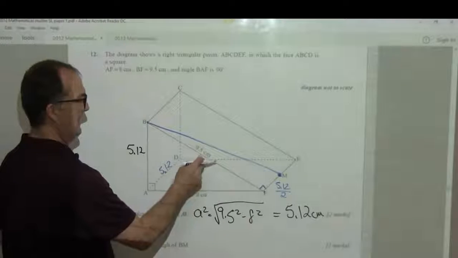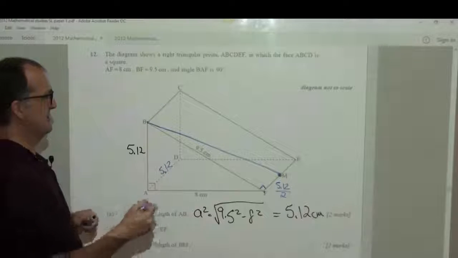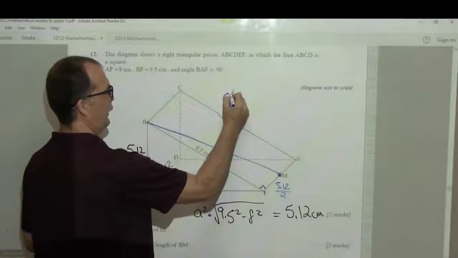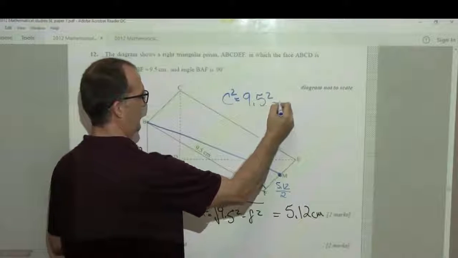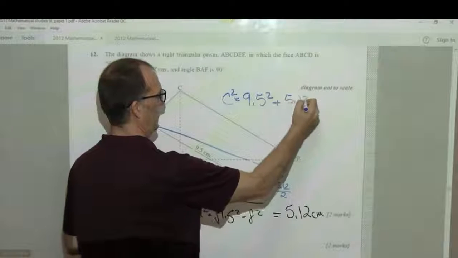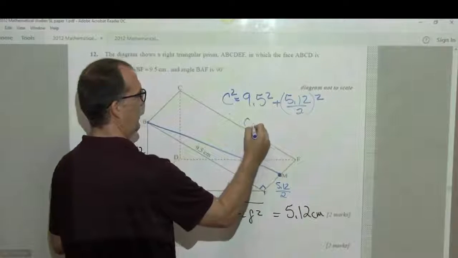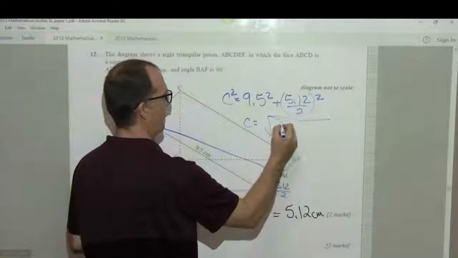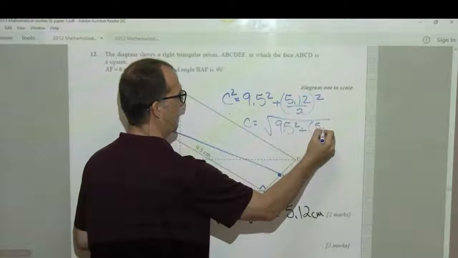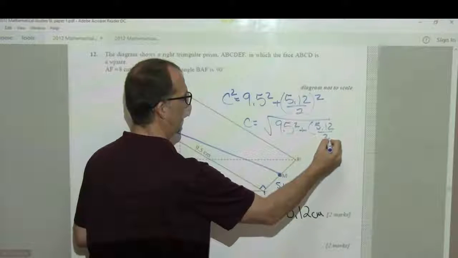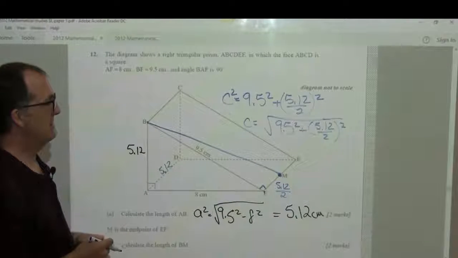Once again, I'm able to use the Pythagorean theorem. This time, a squared, b squared. What is missing is the hypotenuse. So basically, I can write this up here, and c is going to be the square root of this. Be careful how you calculate that.